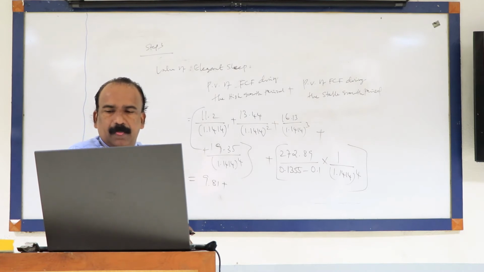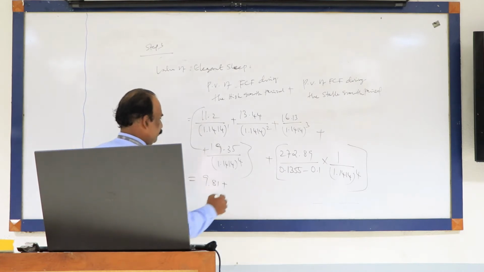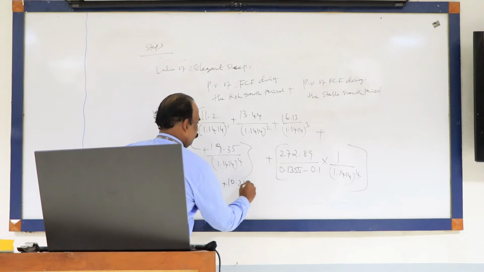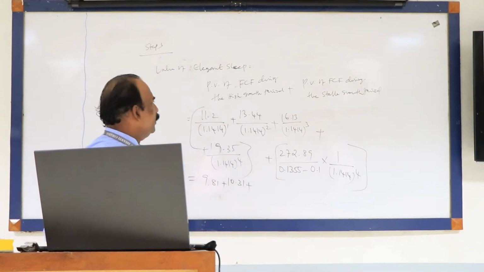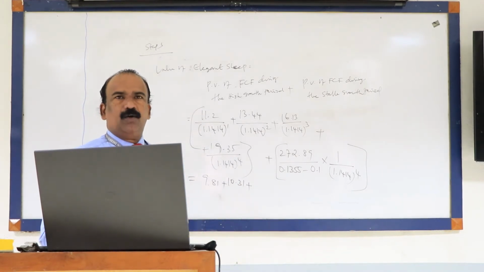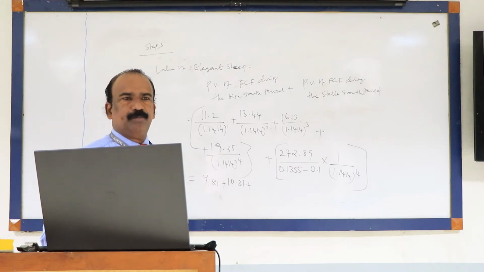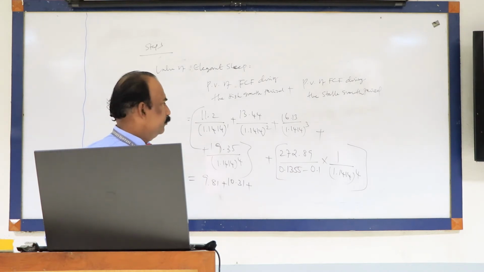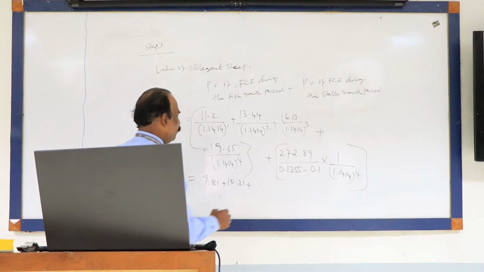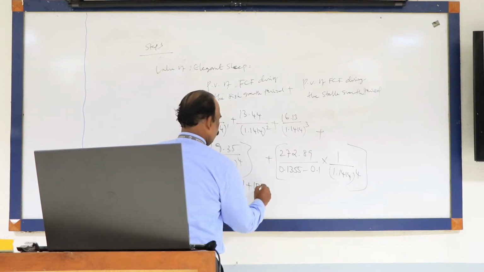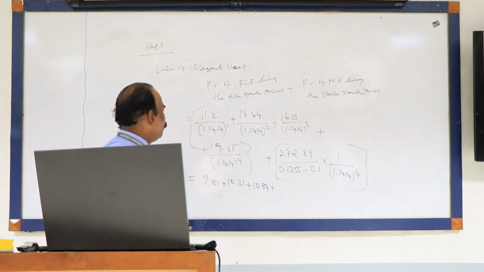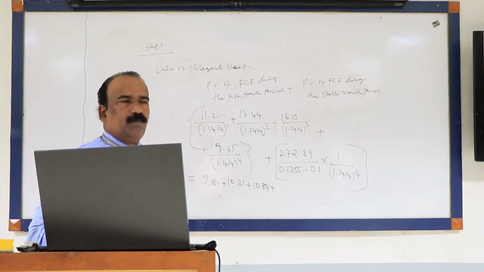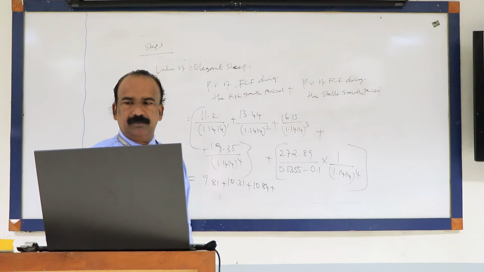What's the value? 10.31. Plus 16.13 divided by 1.1414 to the power 3, that is 10.84. Plus 19.35 divided by 1.1414 to the power 4.